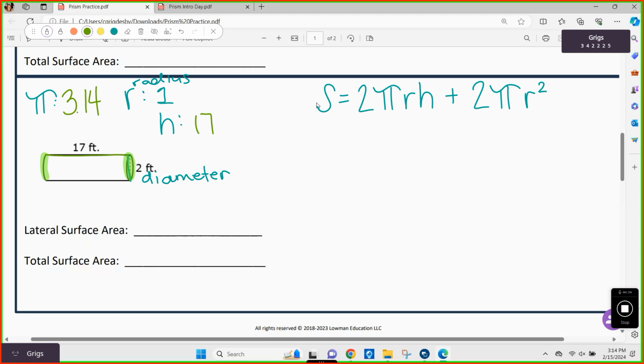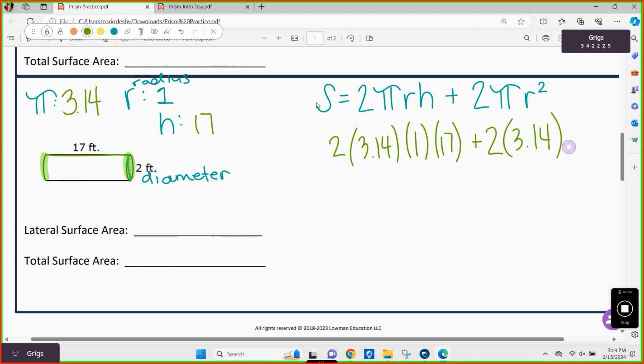Alright, so let's plug in. I got 2 times 3.14 times 1 times 17 plus 2 times 3.14 times 1 squared. 1 squared is 1. Yeah? You gotta be watching for those diameter tricks.